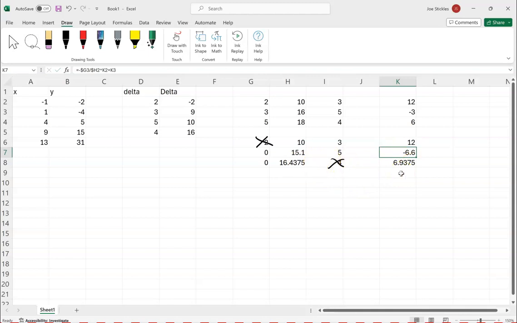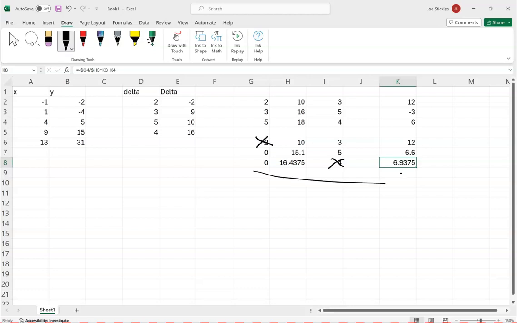I can solve for C4, can't I? What needs to be divided to figure out what C4 is? Yeah, the 6.9 needs to be divided by the 16.4, right?